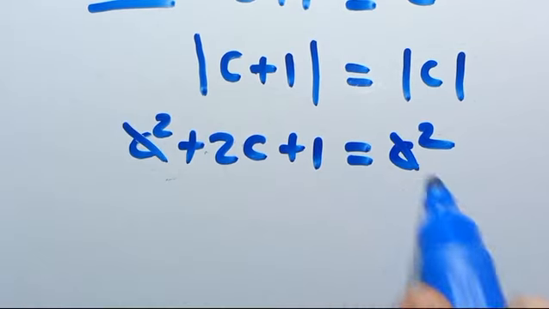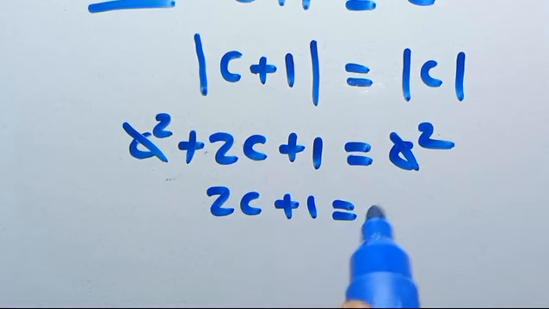So when this cancels out this, we are going to have 2C plus 1 equals 0.